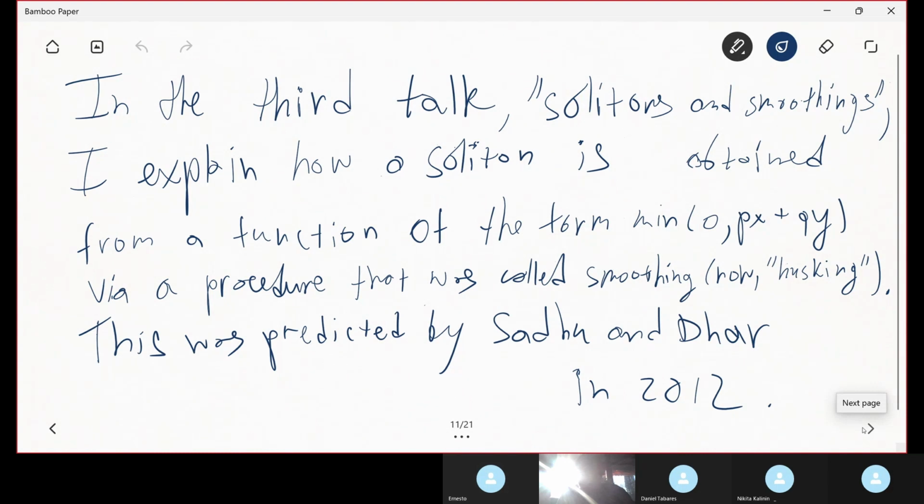Now Nikita Kalinin calls it husking in his brand new paper on multidimensional solitons, which just got published. And in general, this was predicted by Sadhu and Dhar, the stars of this field of sandpiles and self-organized criticality, in 2012, that these piecewise linear functions should play a role in constructing solitons.